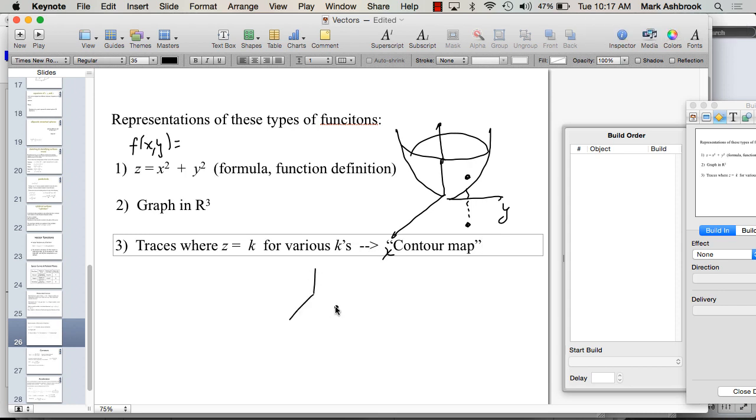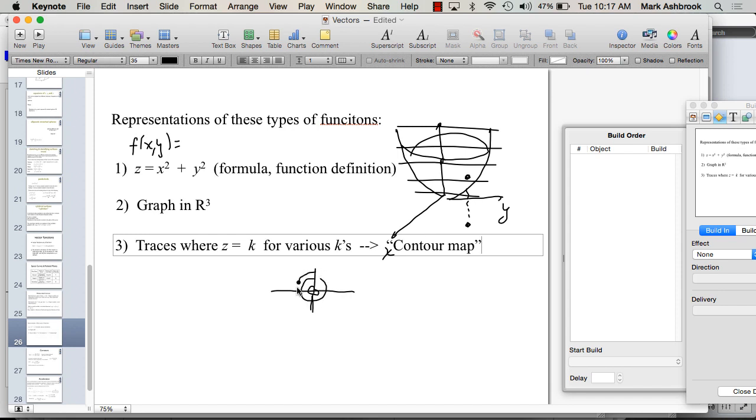Concentric circles. Yeah. Would they be equally spaced or not equally spaced for the paraboloid? If I took integer values of z, are they going to be equally spaced or not? No. As you get bigger, are they going to get closer together or further apart?